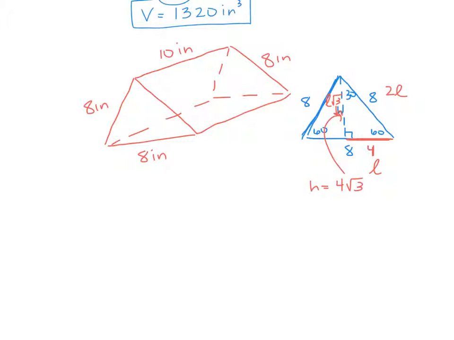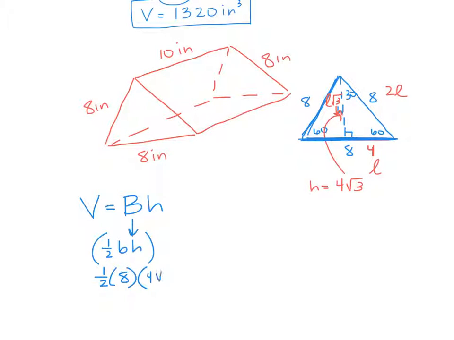Okay, so here's what you're doing. If the volume is the area of the base times the height, we need to find the area of that triangle. So the area of that triangle is going to be 1/2 times the base times the height. What are your base and height of that triangle? 8 is the base, and the height is 4 rad 3, right?